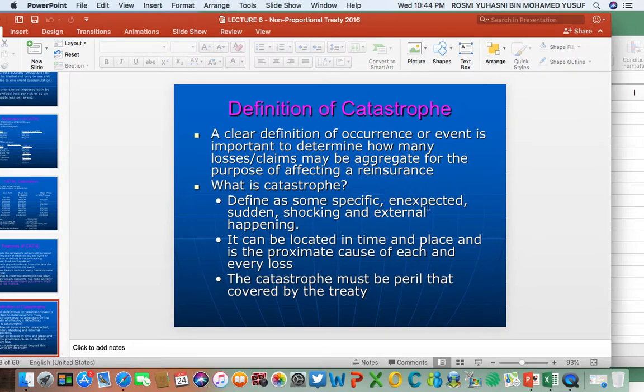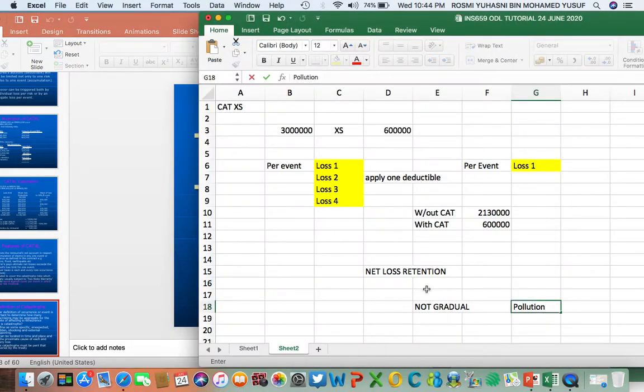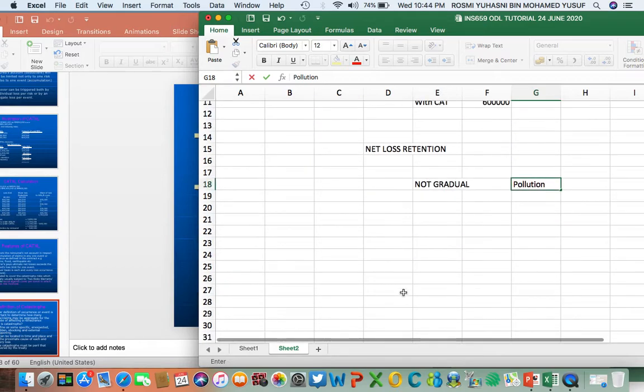And the last characteristic of catastrophic here is that it must be an external happening. Okay, external happening meaning that it originates outside the premises. Let's say this is a building.